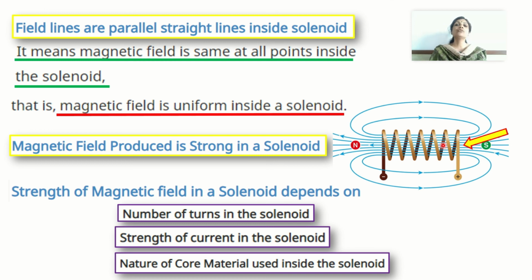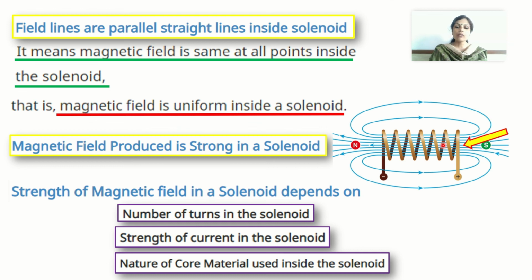How many times you are turning the copper wire and making it. The number of turns is a very important factor. As the number of turns increases, the amount of electric current passing through it increases. If the current is more, the magnetic field will be stronger. As you increase the strength of current in the solenoid, the magnetic field will be very strong.